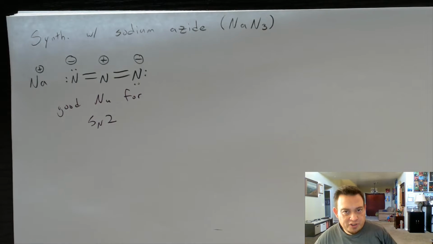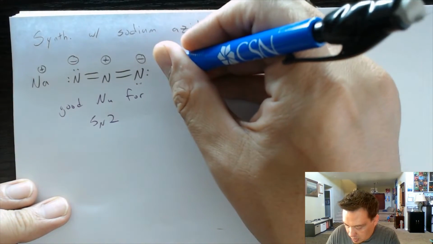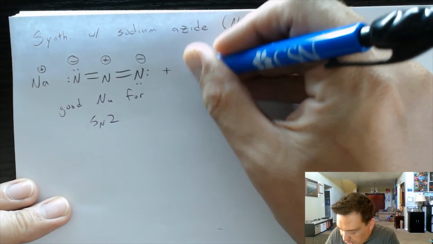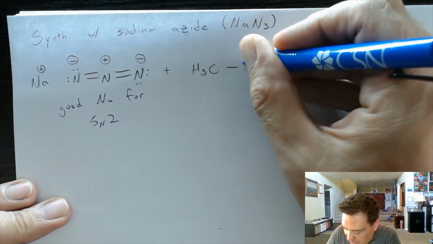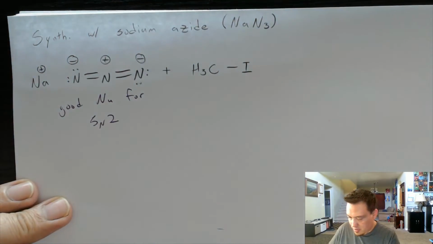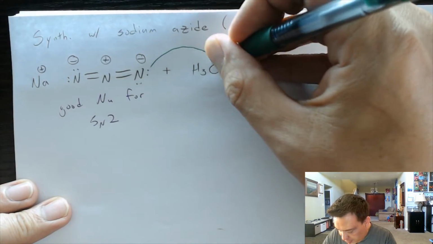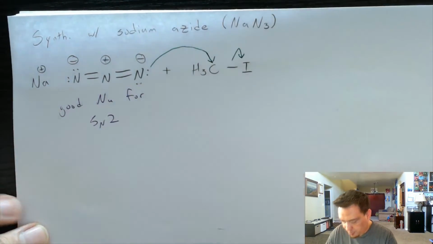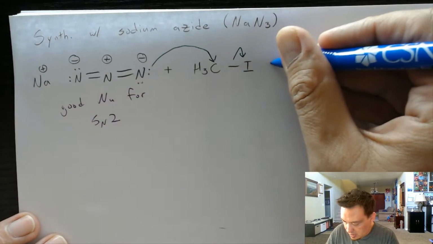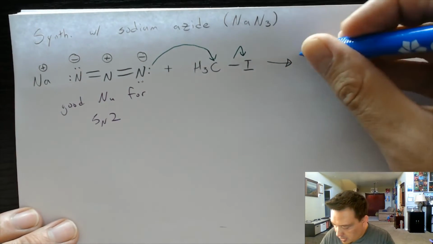So I think I show this to my class when we do the SN2 stuff. But here I'm going to go ahead and draw an SN2 with the methyl iodide. So this is going to do your backside attack, kick out the leaving group. And then what do we have?